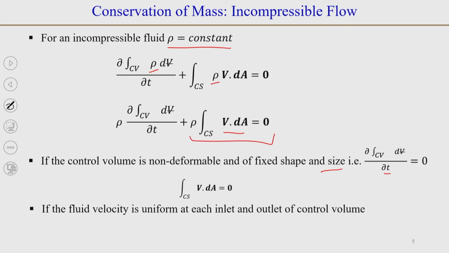If the flow is uniform at the boundaries, meaning that wherever the flow is coming in or going out the velocity is the same at an inlet or an outlet, then in place of the integral you can simply write this in terms of a summation over all the boundaries of V dot dA. So, we need to apply these equations depending on the case we have at hand.